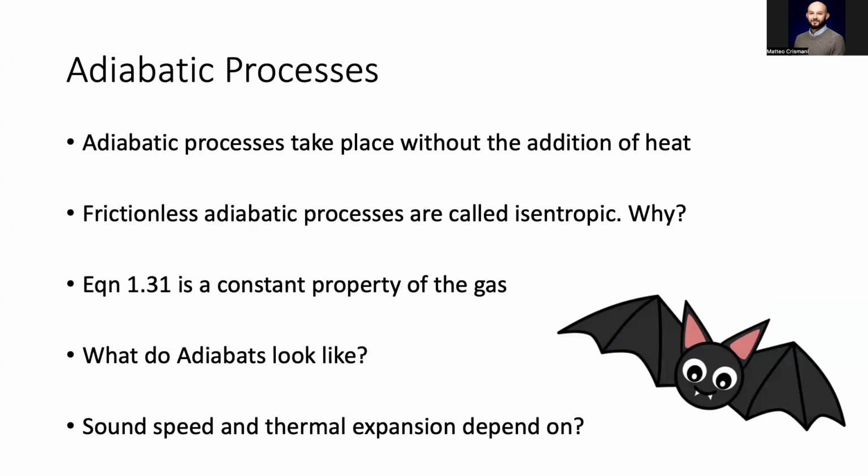Adiabatic processes take place without the addition of heat. I added a cute bat because it's cute. Frictionless processes are called isentropic. We figured that out, right? We love that. And we talked about this equation. I already deleted it, but it's this one.